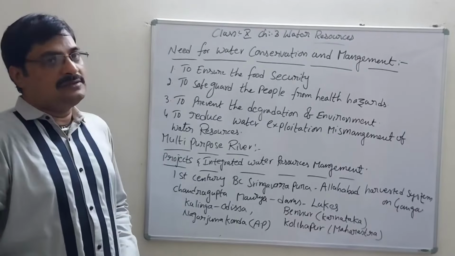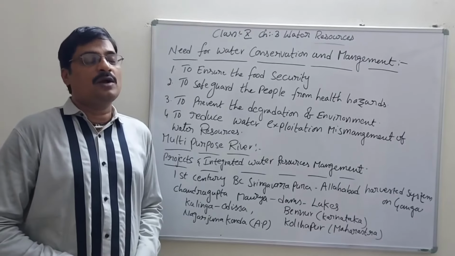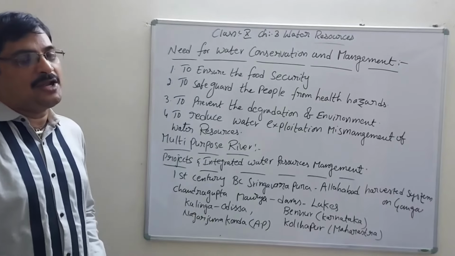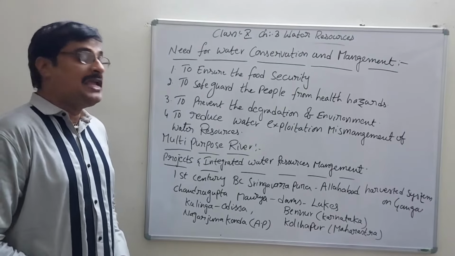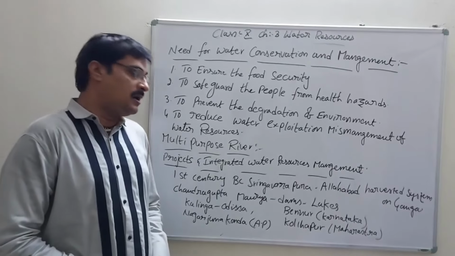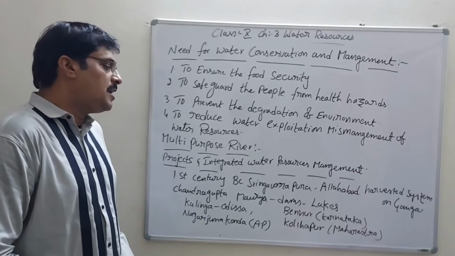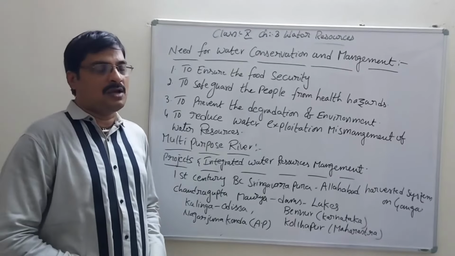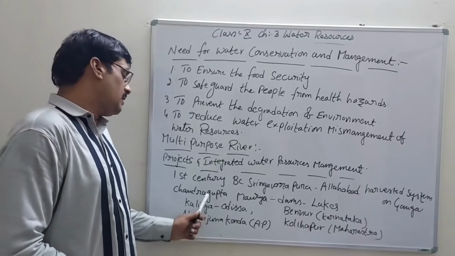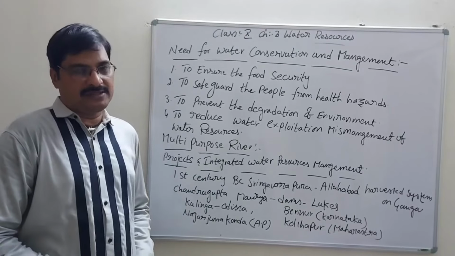Like that, different kings in different areas wanted to start the development of tank irrigation and well irrigation. In Odisha the Kalinga kings, Nagarjunakonda in Andhra Pradesh, the Bennur project in Karnataka, Kolhapur in Maharashtra: all these areas wanted to develop water management resources.